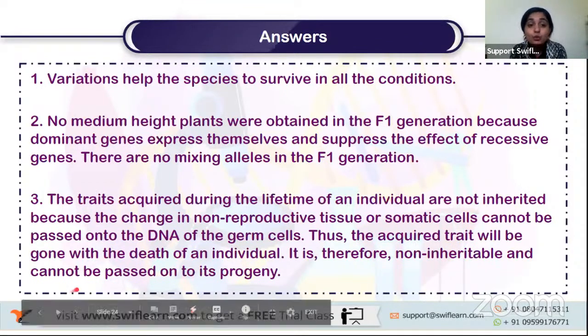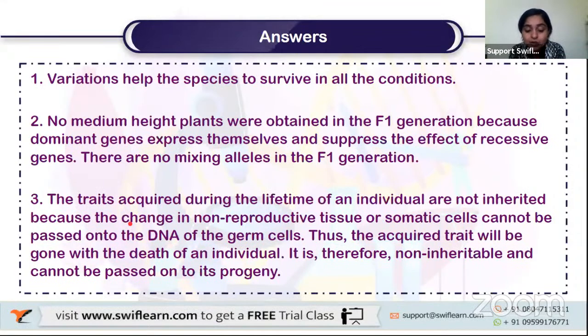No medium height plant. Sorry, just going back to the question first. When Mendel crossed a tall plant with a dwarf plant, no medium height plants were obtained in the F1 generation. Why? Because the dominant genes express themselves and suppress the effect of recessive genes, right?